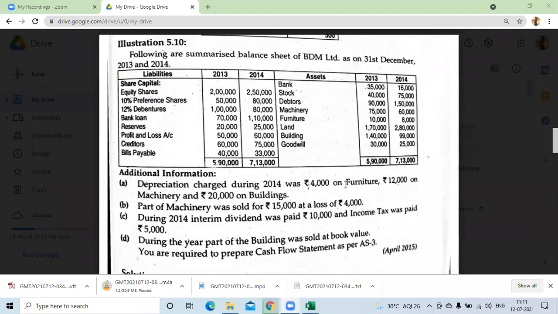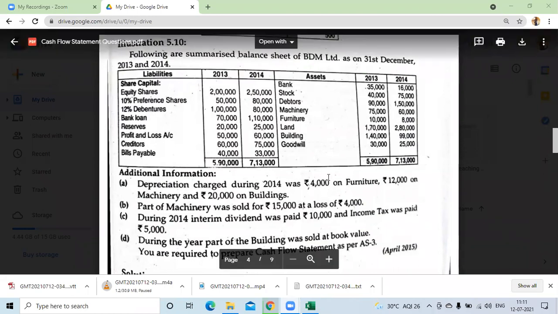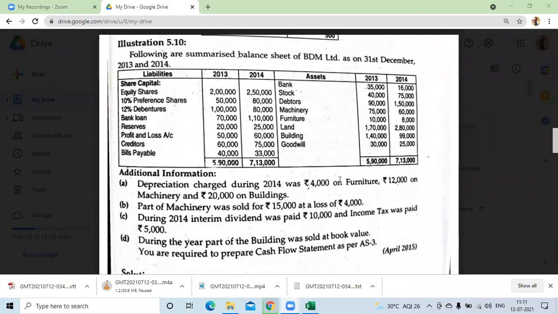Now, tell me what adjustment is given? Depreciation, 4,000 on furniture. So depreciation means which side, debit or credit? Credit side. What will you write? By depreciation. You have 2 lines above the closing balance.